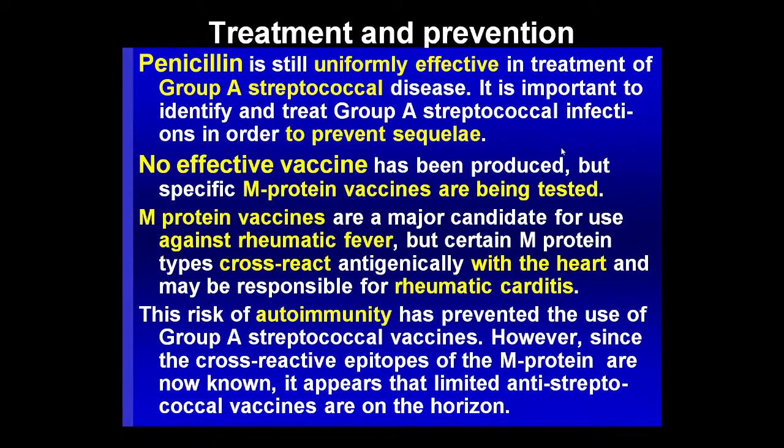Vaccines are not really developed. Some are being tested, but we still don't have very good protective vaccines, because if antibodies are produced, they may cross-react with the heart and be responsible for rheumatic disease. So that is the problem with immunity against streptococci.